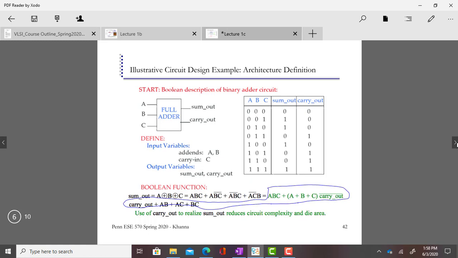So this is an optimized equation. Remember that in DLD you used K-map simplification, and K-map gave you a simplified equation.